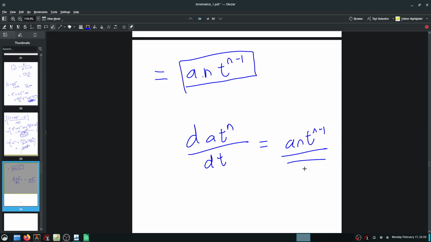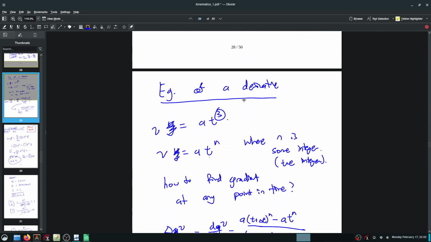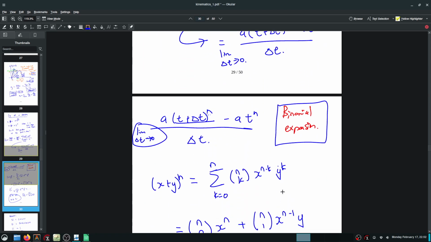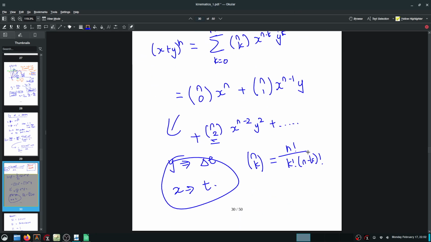Now this is more of a mathematical thing, but it's one of these examples to show that if you look online for common derivatives, you'll get this formula. But I wanted to show that just by this idea of taking limits, getting smaller and smaller gradients, you do get the same answer, provided of course you have the correct mathematical tools like binomial expansion. At least for this case.